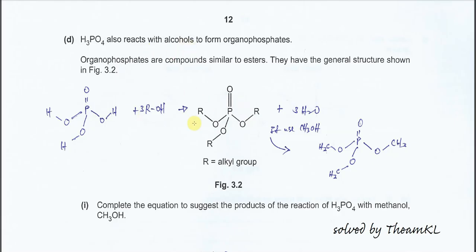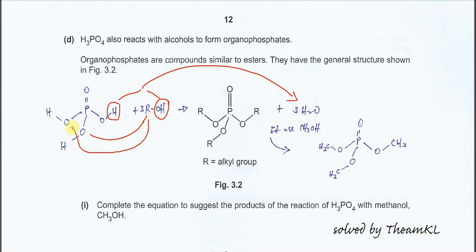So this H from the phosphoric acid and the OH here will form the H2O, and this R will bond to this O, and these 3 oxygens, and form this organophosphate.